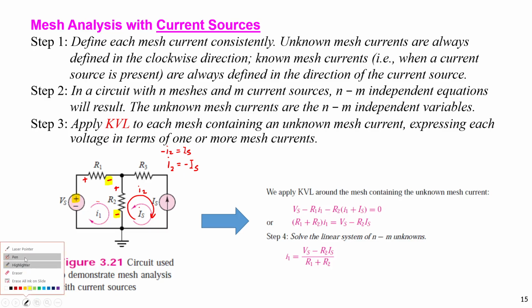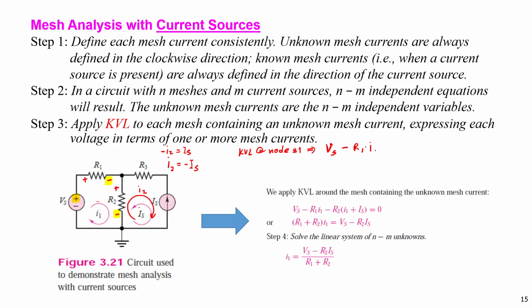So KVL at node 1: Vs minus R1 into I1 minus R2 into (I1 minus I2) equals 0.